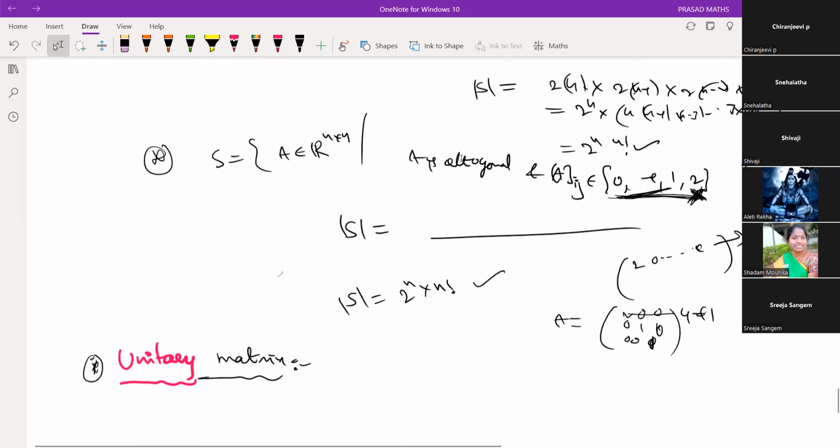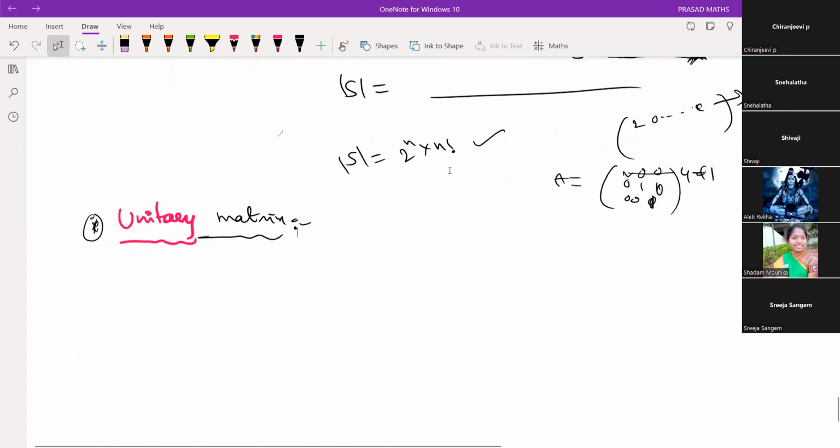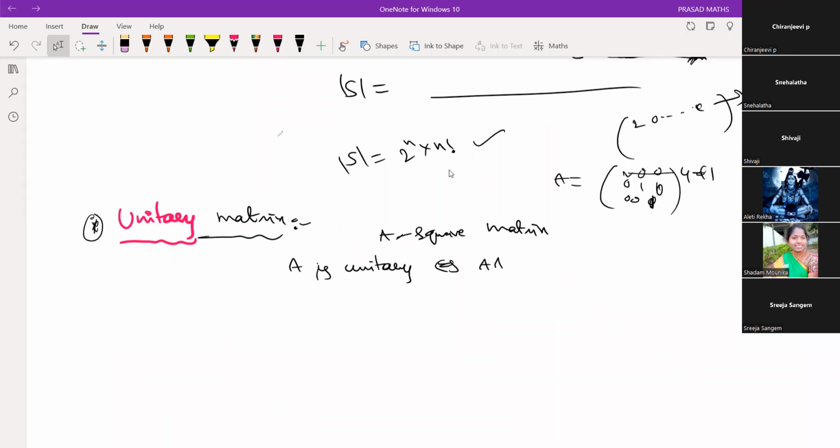Okay. So, unitary matrix. A is a square matrix. A is a unitary matrix if and only if A into A theta is equal to the identity matrix.